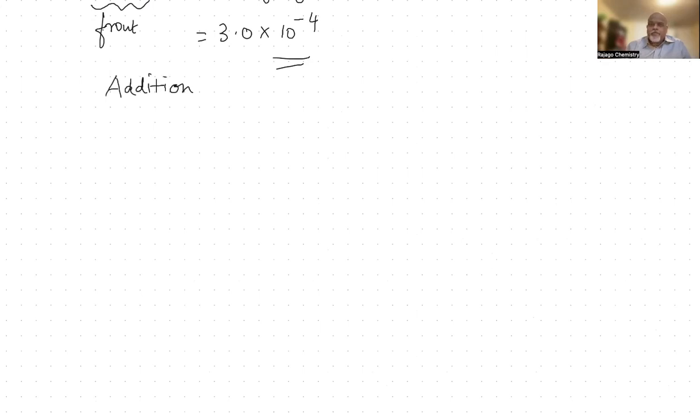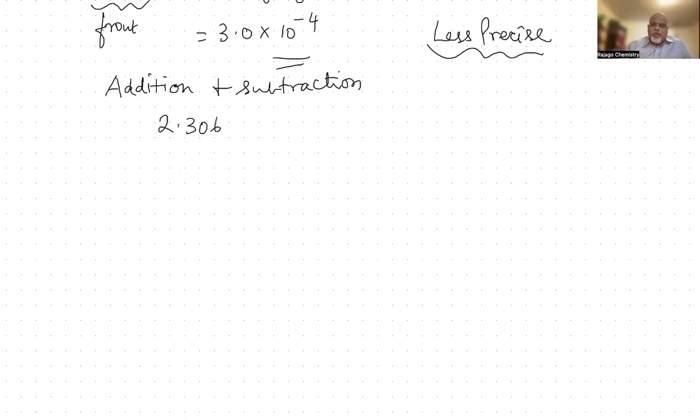Addition and subtraction. This is connected to the less precise value, so it is connected to precision and accuracy. Let's take one example. Let's take 2.306 and add 1.2 to it.